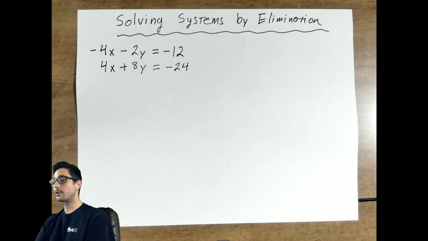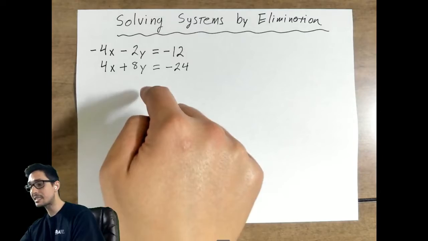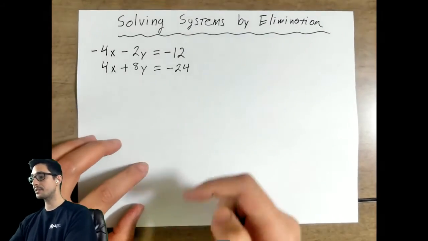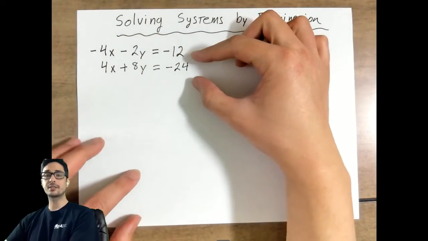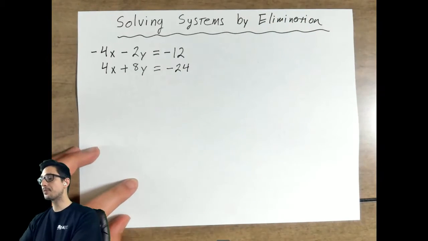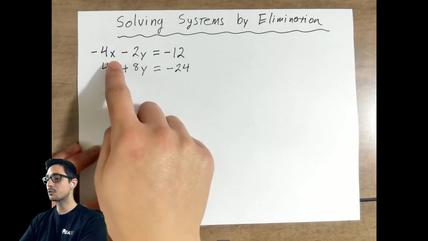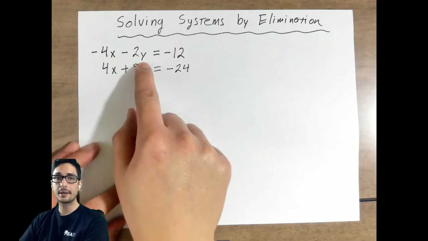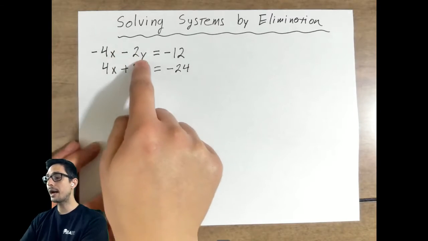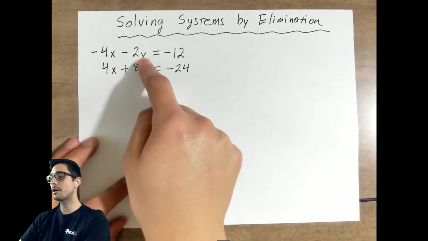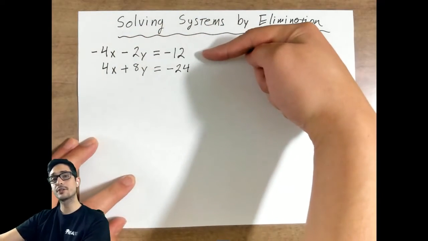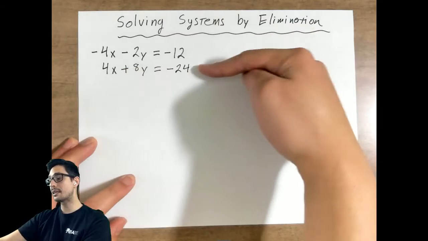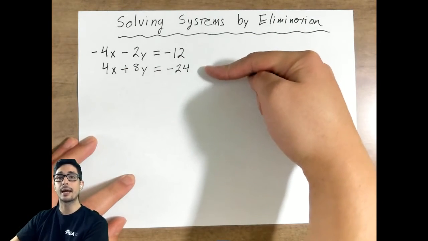A system is two or more equations that we're trying to solve for. What we're trying to find is not only x, but also y. We need to figure out what those two values are that not only make this equation true, but also make this second equation true as well.